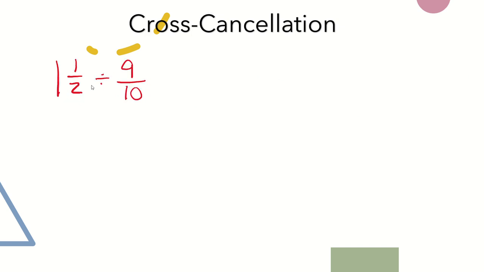Okay, so let's look at this division problem and see if we can do the same thing. Again, this is a problem I just made up. So let's see if it'll work by doing the same process. First things first, I have to convert this mixed number into an improper fraction.